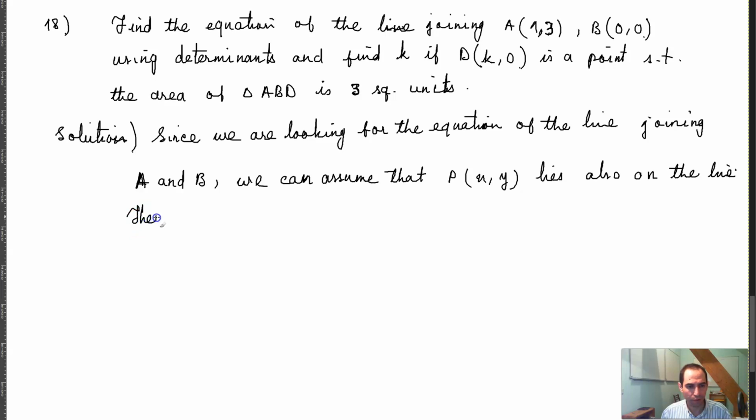Therefore, the points A, B, and P are collinear.